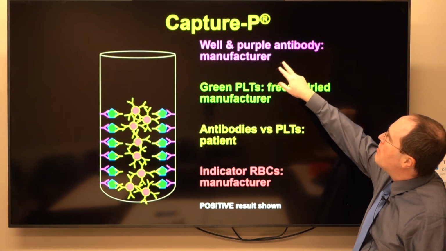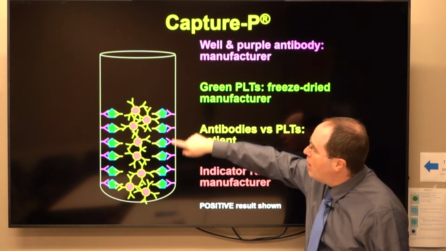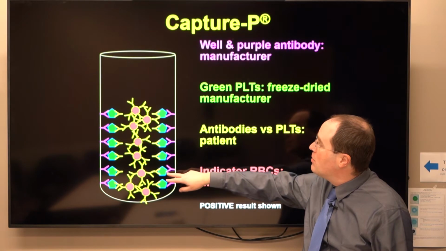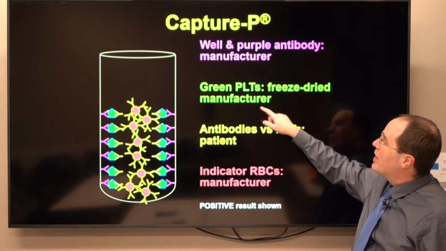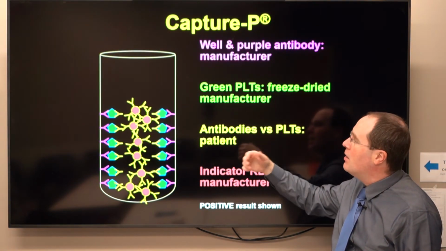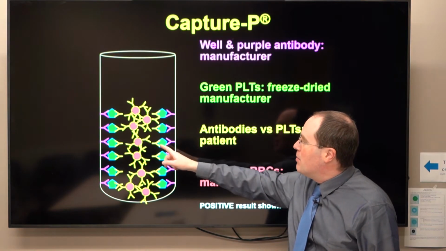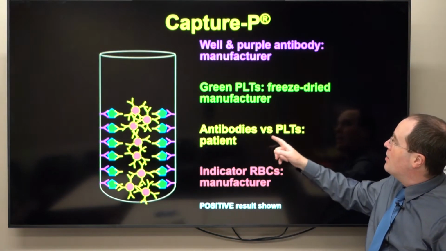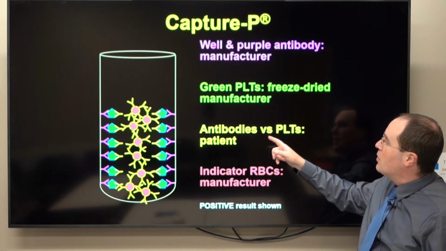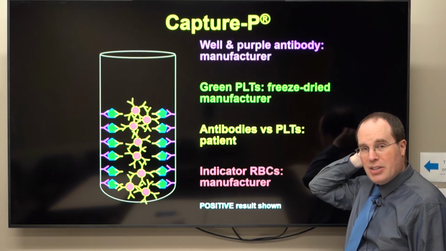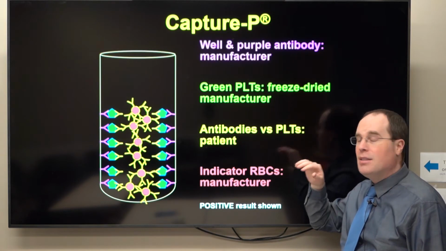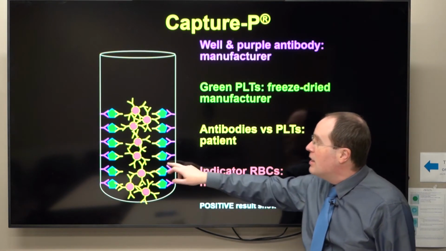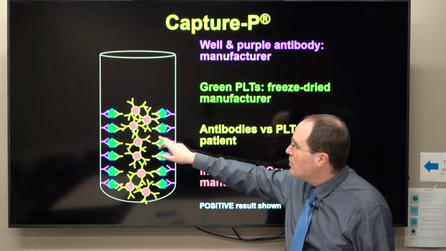And so what it comes with is, on the well, it has these purple antibodies that allow these freeze-dried reagent platelets that come with the kit to stick to these antibodies along the well. And then the next step is that you add patient plasma, right? And if the patient has antibodies to any of these particular antigens on these platelets, then the patient antibodies, these yellow things, will stick.